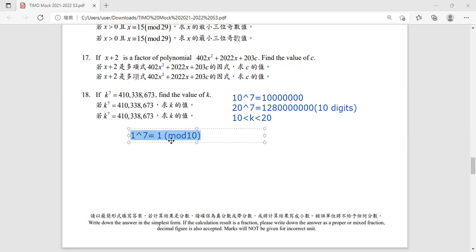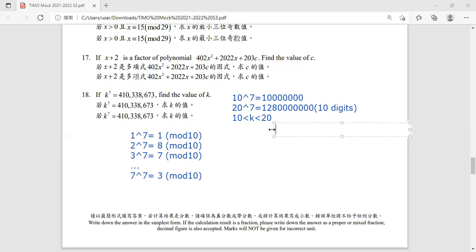So you do the same for the others. If this is 2, you can check this is 8. If this is a 3, so what's this? This is 7. And you can check it, and you check with this one. So the answer is k equals 17.